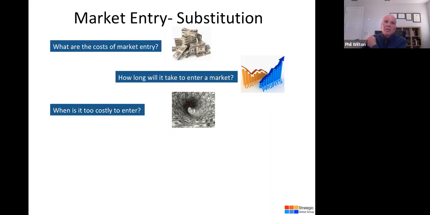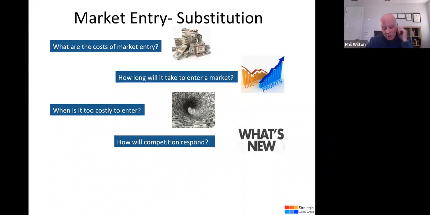They all managed to enter the market. So if you're determined to get into a market and you can gather the resources and the capabilities, and you have an idea like Southwest did on how you can use the same product but differently, then you can probably enter into those markets.